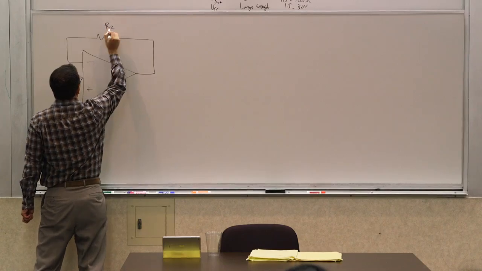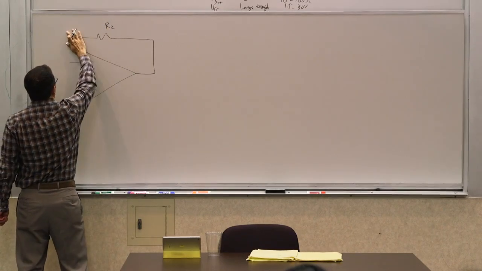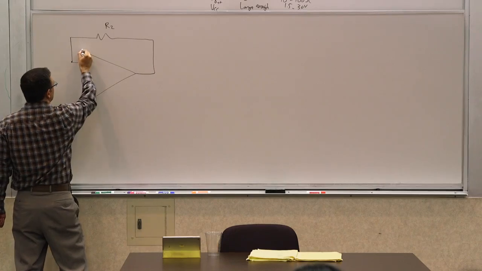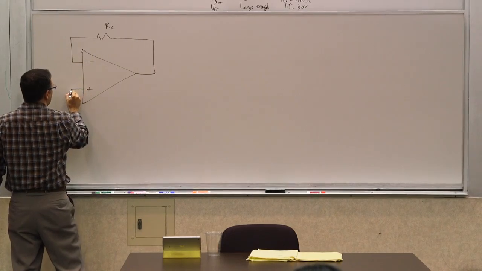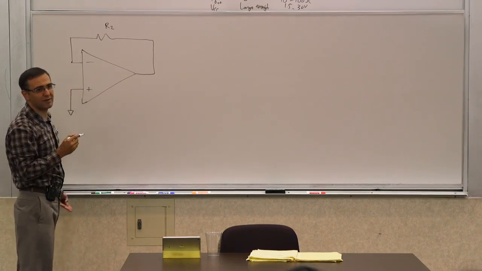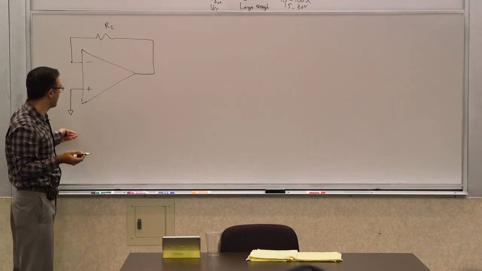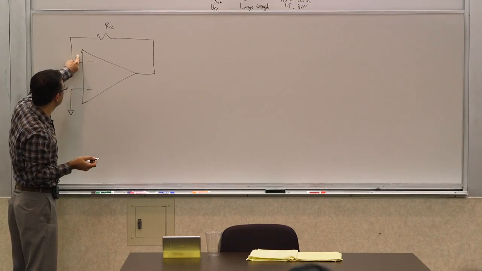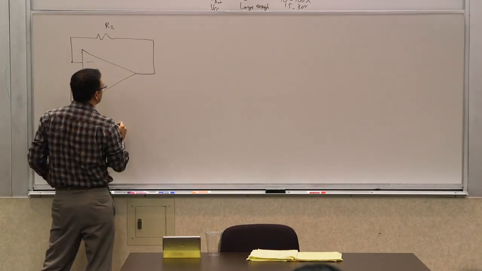Let's call this R2, between the output and the negative terminal. And let's say I connect this to ground, a reference potential. So this positive terminal is my reference potential, and this negative terminal is connected to the output.